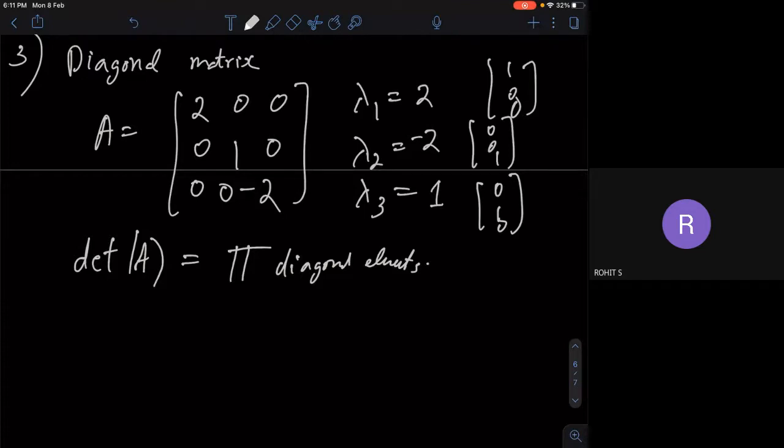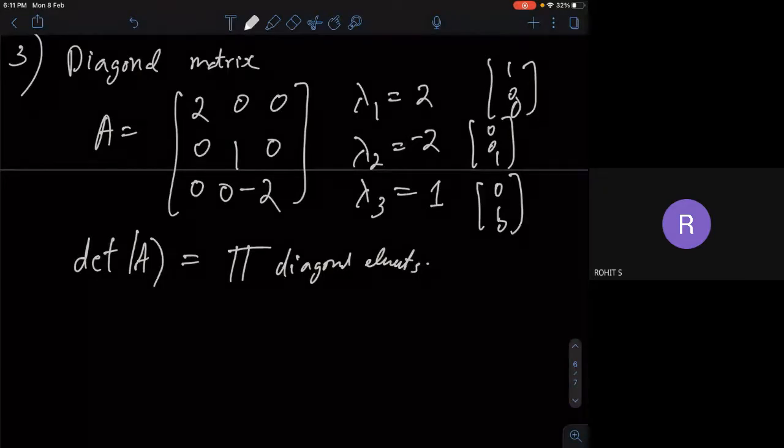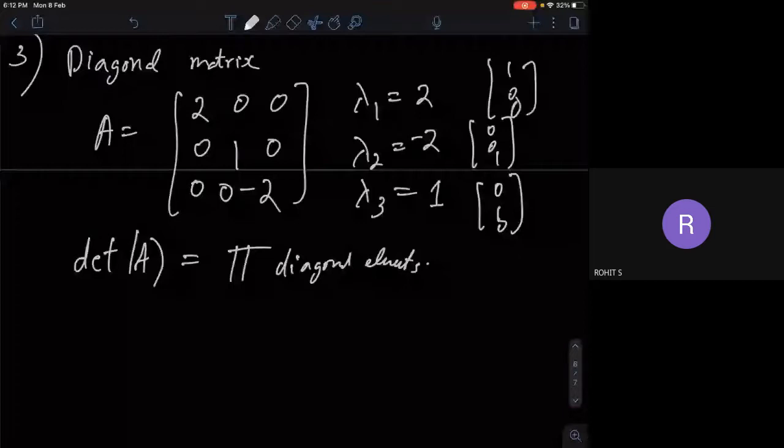So there are some sanity checks you can always do. If someone asks you to find the eigenvalues and eigenvectors, and you found them, you may need a second check on whether what you did was correct. You can quickly compute the trace of the matrix and the sum of your eigenvalues, and check whether they are the same. If they are the same, good. That's one sanity check. The next sanity check: find the determinant of the matrix, find the product of the eigenvalues. They have to be the same.